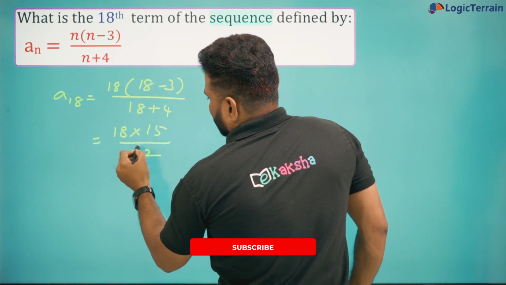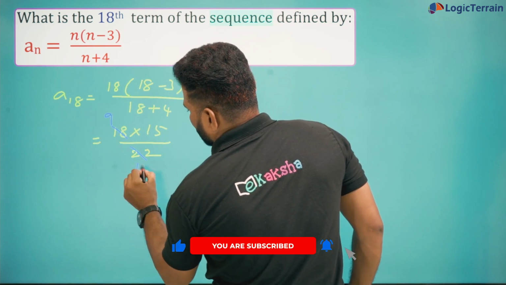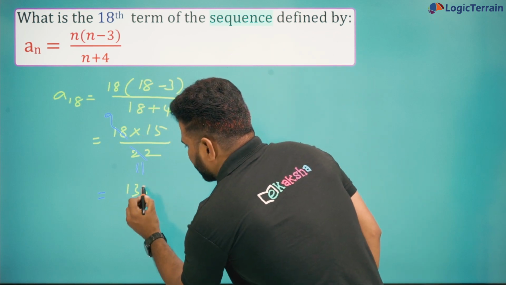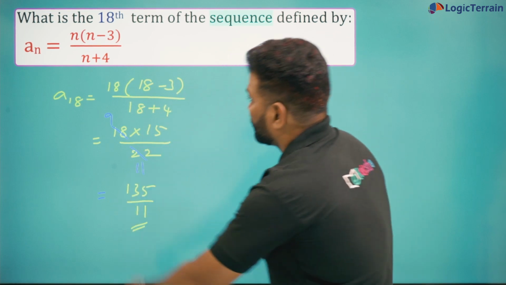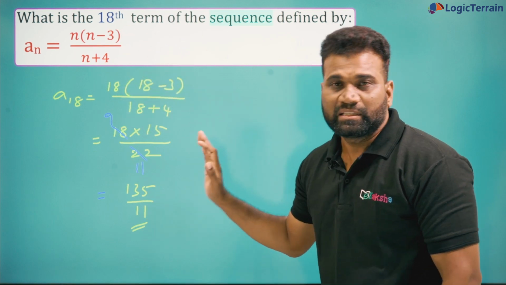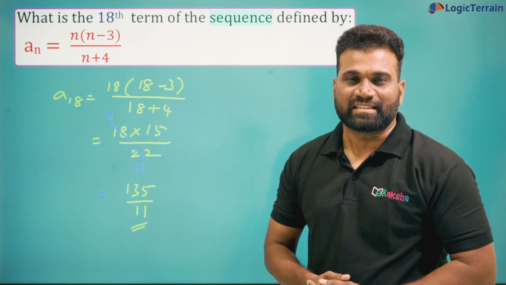Again here we can divide both numerator and denominator by 2: 9 times 15, that is 135, over 11. So therefore the 18th term of this sequence is 135 over 11. Clear? This way we can find a particular term of a sequence, right?